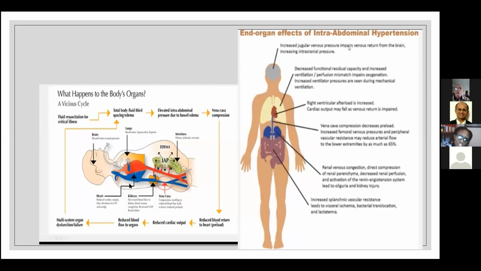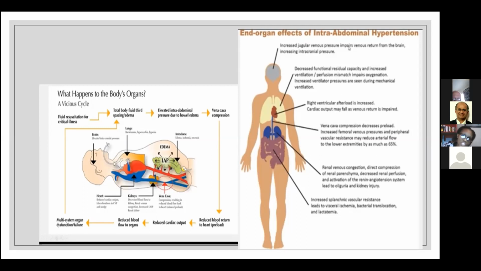So it starts first with a patient that needs fluid resuscitation for critical illness, either a patient who is hypotensive, which is one of the initiating problems that can lead to the abdominal compartment syndrome. So hypotension of any cause that is corrected by fluid resuscitation.